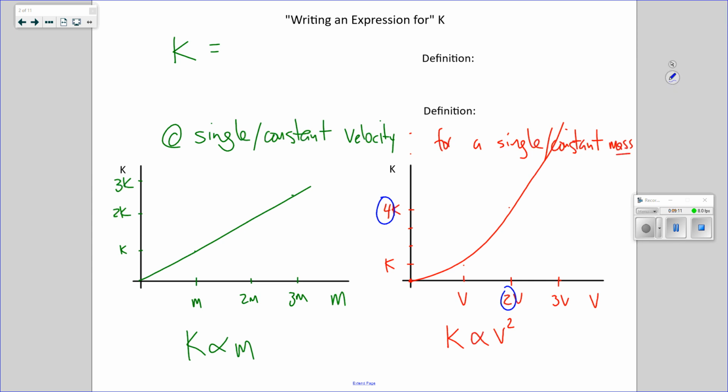I don't like that word personally. To me, that means a different type of relationship. Yes, I understand 2 is an exponent. This is called a quadratic relationship, referring to that the exponent is specifically a 2. So you will no longer in my class say the word exponential. You will say quadratic. Okay?